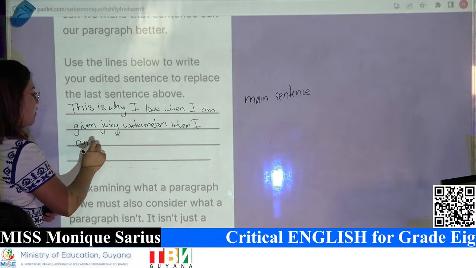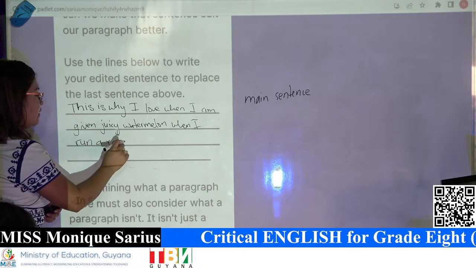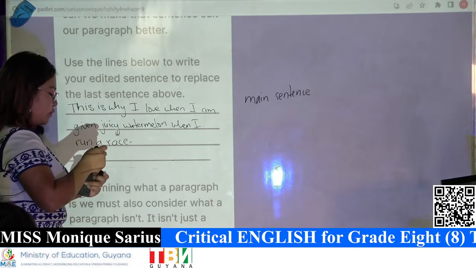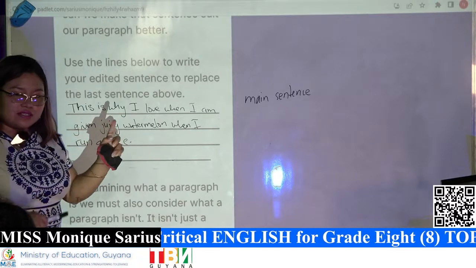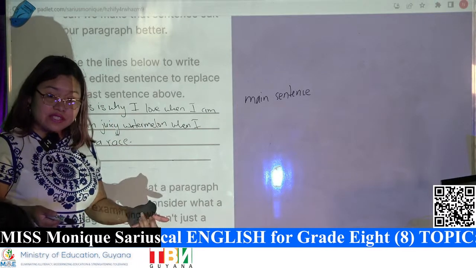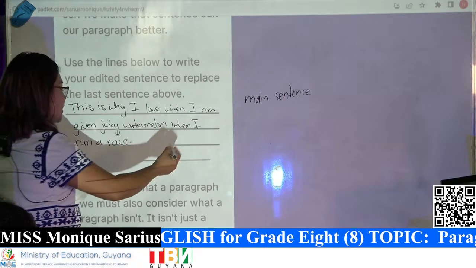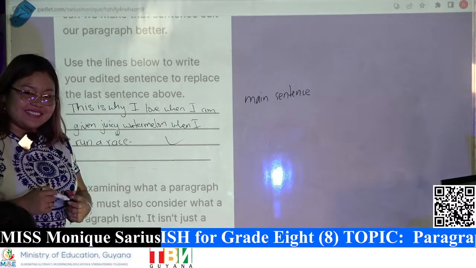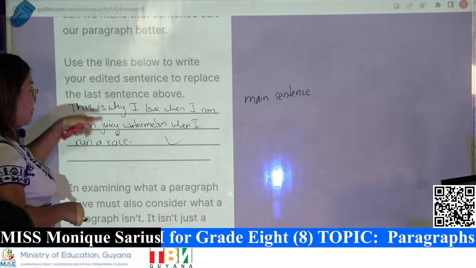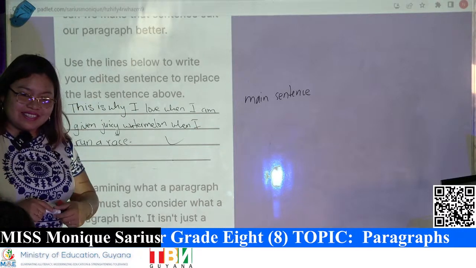Or we can say when I run a race. Good. So now, does it match our original sentence? Does it give us a reason why I love watermelons? It does. So you get a star for that, right? So you basically helped me fix my mistake that I made up there earlier, right?